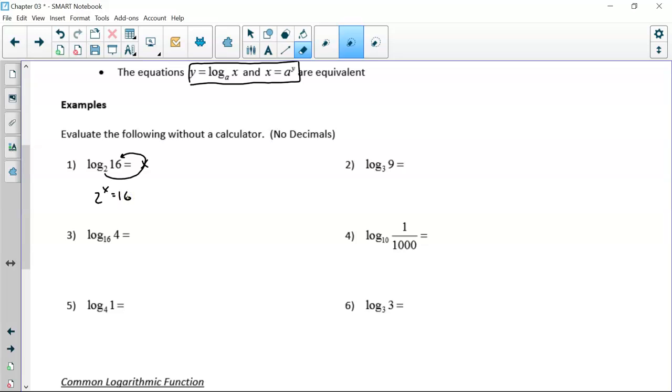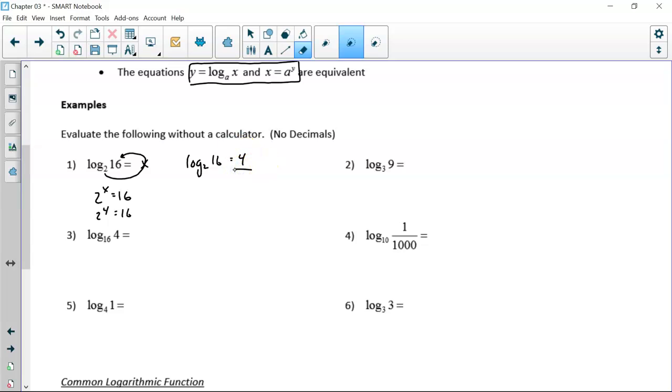What we're doing is finding out what the exponent would have to be to get us to 16. So 2 to the 4th equals 16. So log base 2 of 16 equals 4. That's the value that we found.